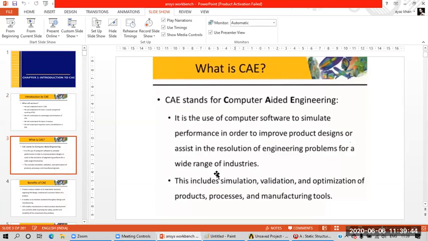So this is very brief introduction about what CAE actually is. ANSYS, computer aided engineering, you can see here. Anything else you have in your mind that I don't know about CAE? Anyone want to share with me? Guys, I can see only a few students.